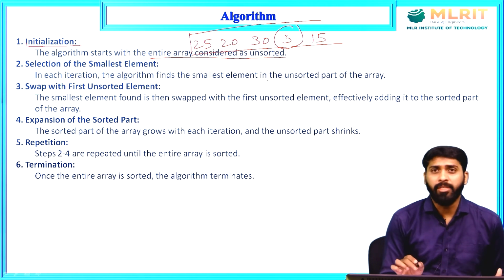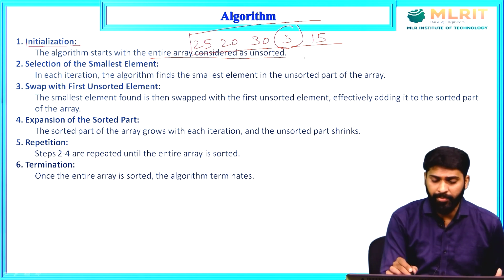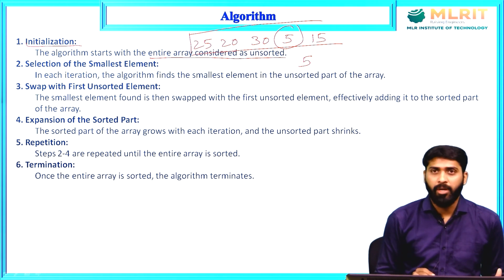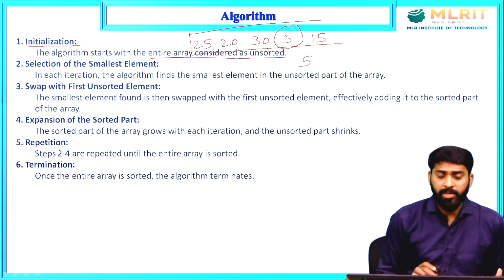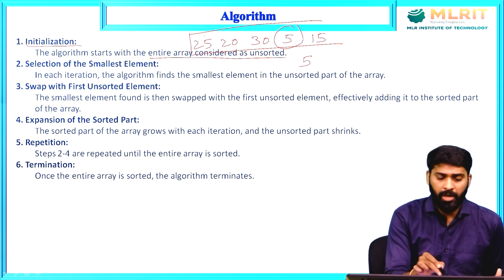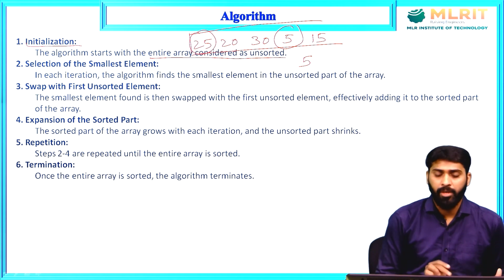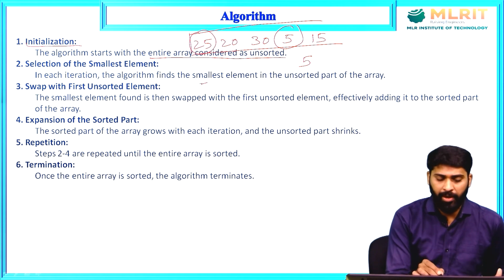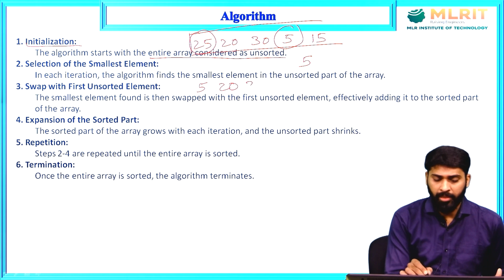In this array, 5 is the smallest element. Now swap it with the first unsorted element. What is the first unsorted element? 25. Now you swap: 5, 20, 30, 25, 15.